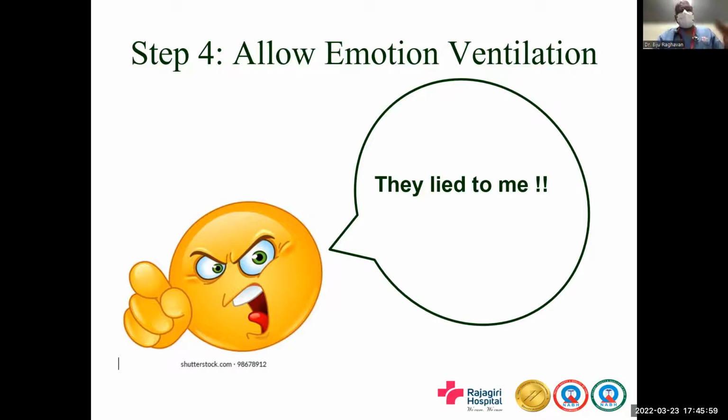Often they understand the family has been lying to them. So sometime at a later date, you may have to make the person understand that the family member lied because they love him and did not want to harm him by sharing this information. So that is how you kind of calm down a patient who is angry when you communicate the bad news to them.